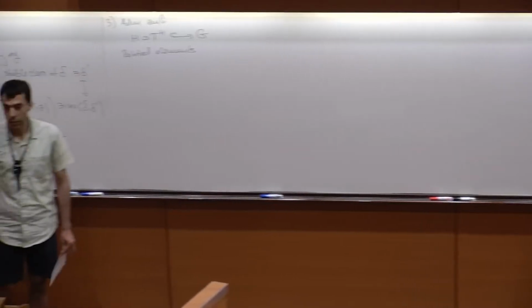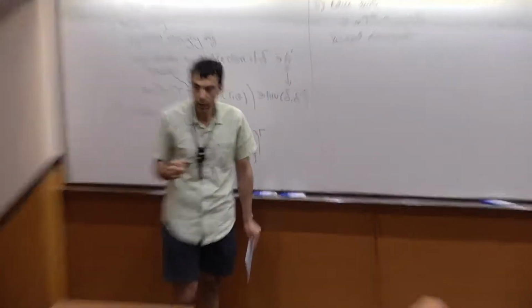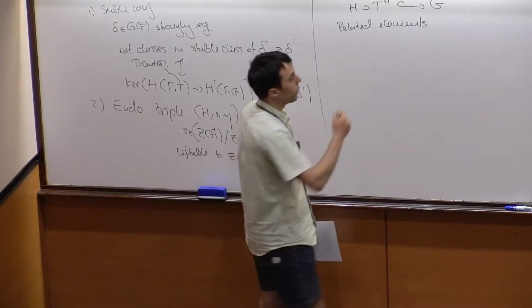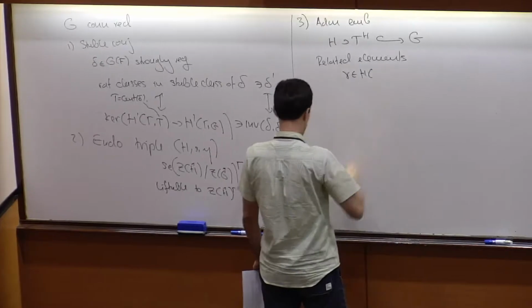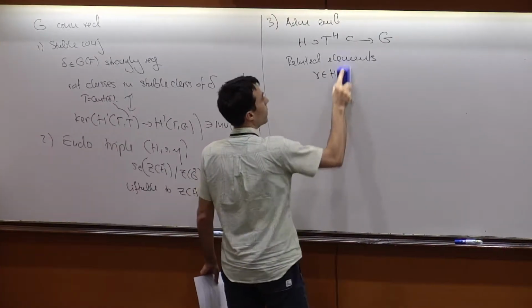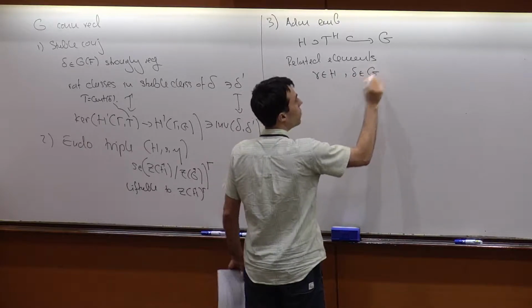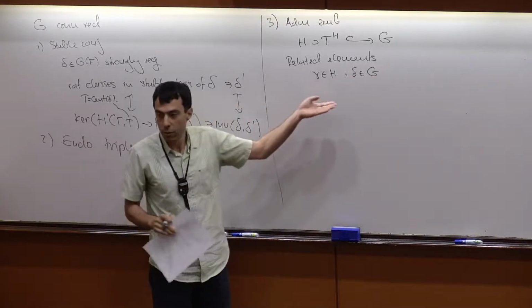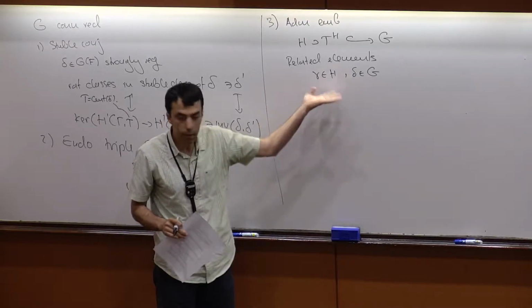Initially they're defined over F bar, but you may ask for them to be defined over F if you so like. And then related elements, gamma in H and delta in G. This is also a purely F bar notion, but you can again ask for these elements to be defined over F, if you like.